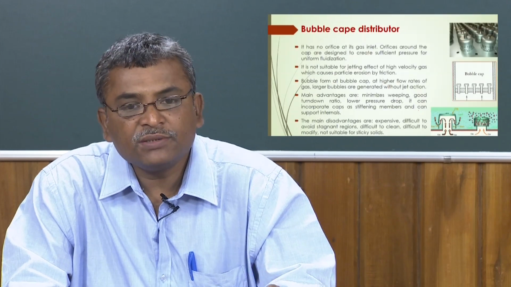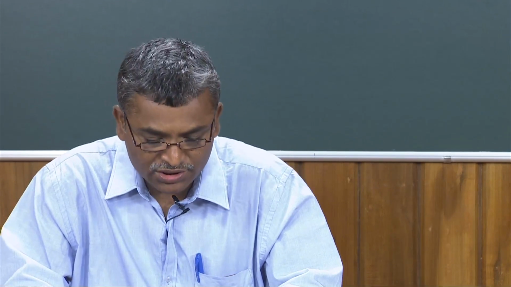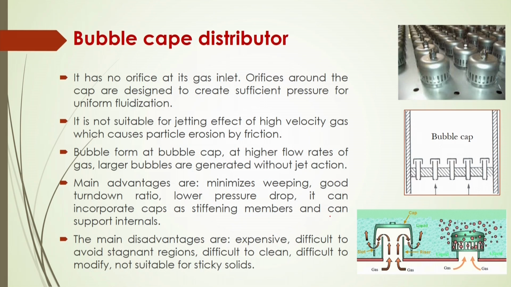And the bubble cap distributor is another important type, which is widely used in industry for fluidizing different multi-phase systems. In this case, of course, there will be no orifice at the gas inlet, and the orifices around the cap are generally designed to create sufficient pressure for uniform fluidization.